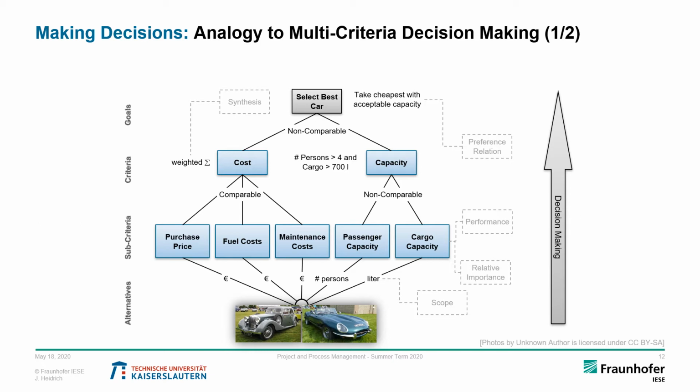And then based on the remaining cars, we can, for instance, use the cost for filtering them. So we take the cheapest cars that fulfill our capacity criteria. And then this basically can be used for decision making.